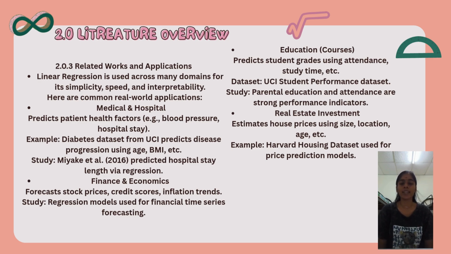The UCI student dataset shows that parental education levels and presence in class strongly affect outcomes. Lastly, in real estate, regression helps estimate house prices by analyzing features like square footage and location. The Harvard Housing Dataset is often used for such models. This example shows how flexible and powerful linear regression can be across different industries.